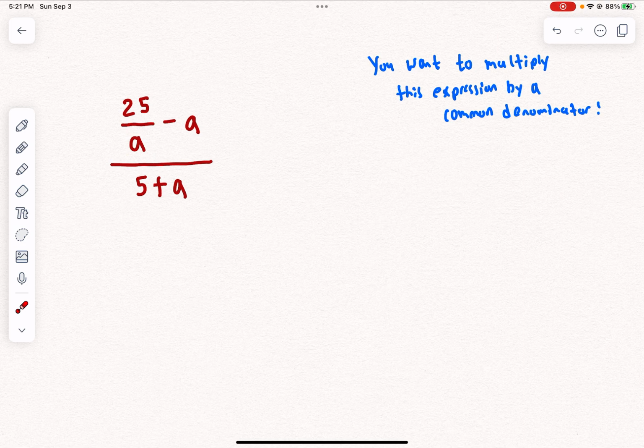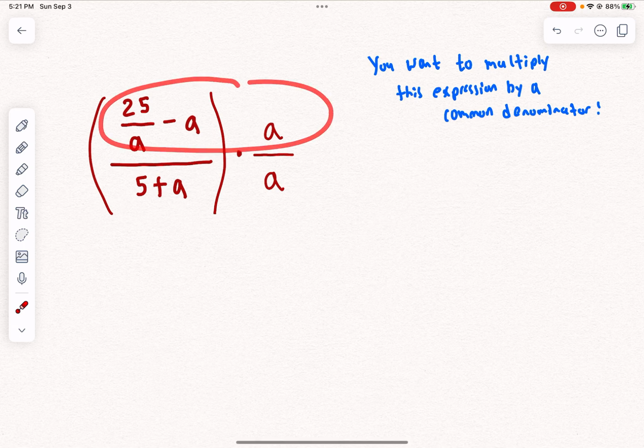So you're going to multiply the numerator and the denominator by this common denominator. So if you write that down, it'll be parentheses, multiply the numerator by a all over a. And then what we would do is we would just multiply across.